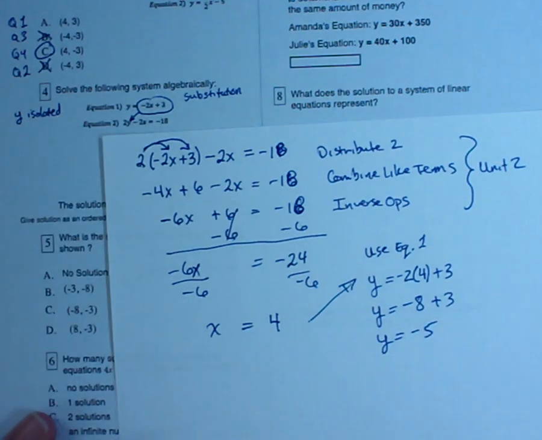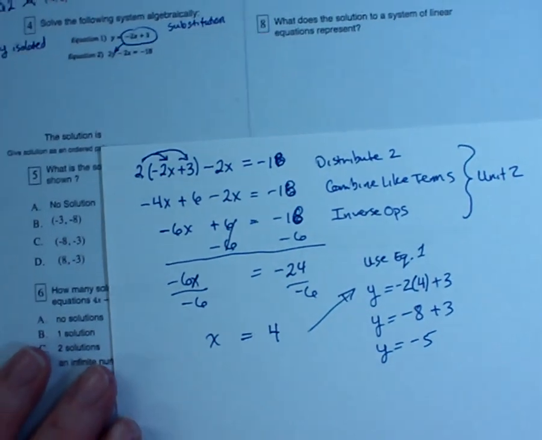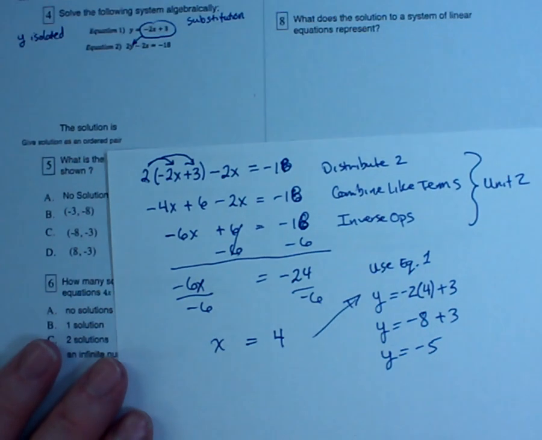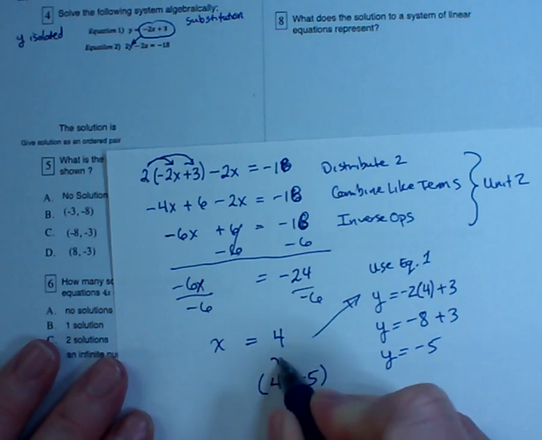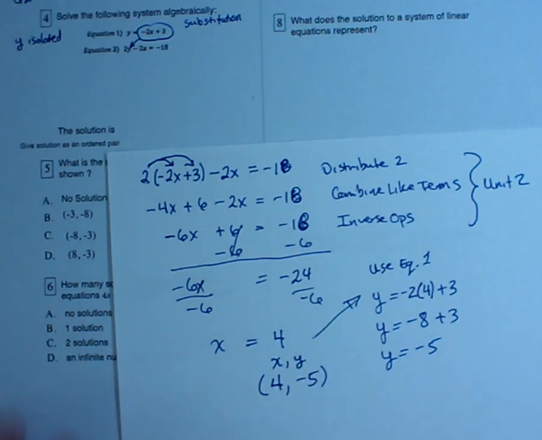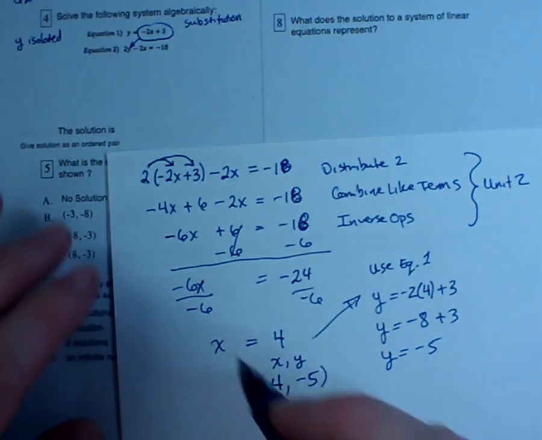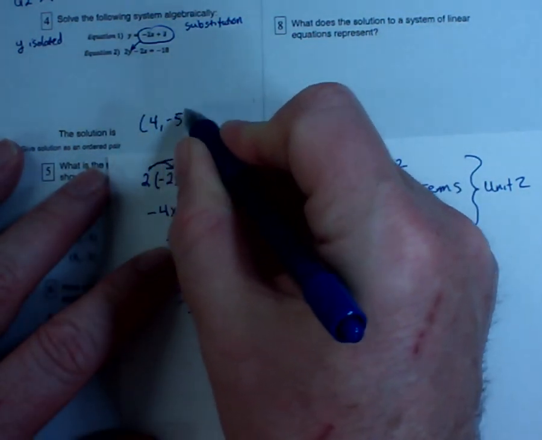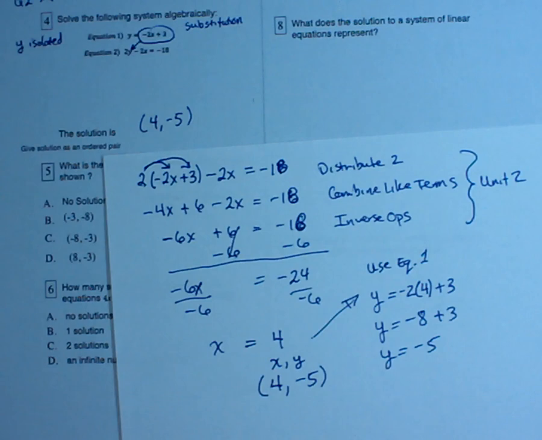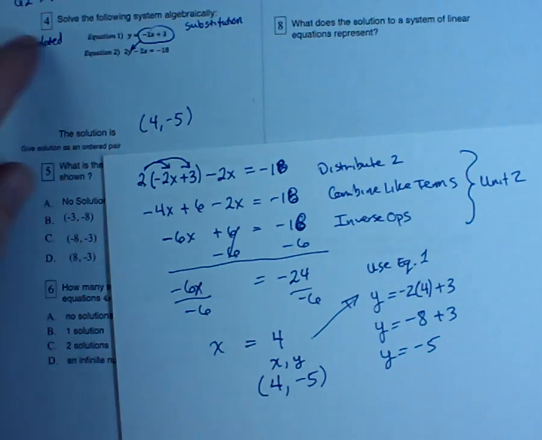And I'm asked to write my solution as an ordered pair. So I need to write it as x comma y. It's x comma y. I'll just put that right here. 4, negative 5 for problem number 4.